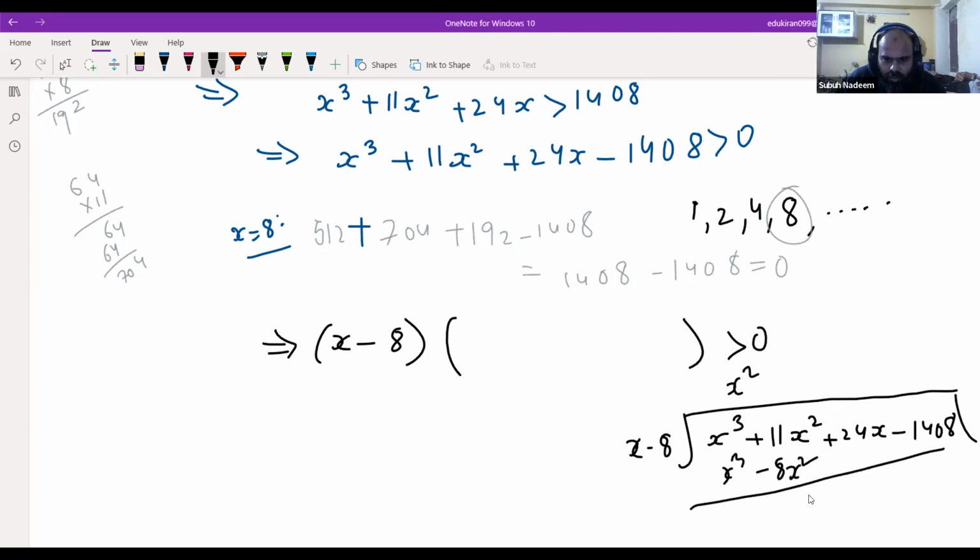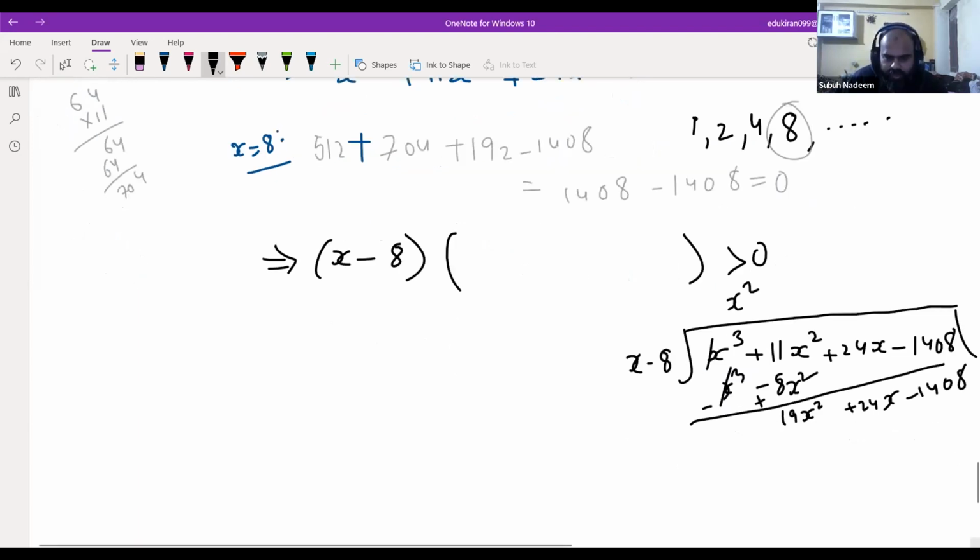Then after subtracting, you get 19x square plus 24x minus 1408. Then you will take 19x. So this will be minus, cancel. This will be plus.